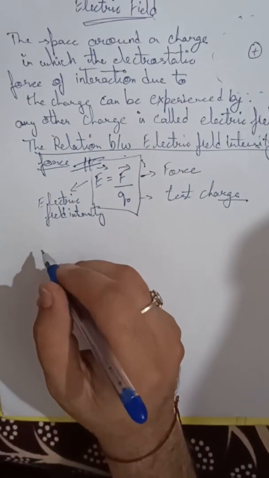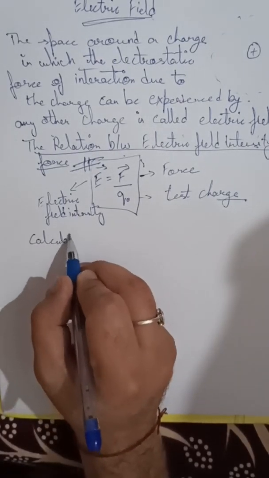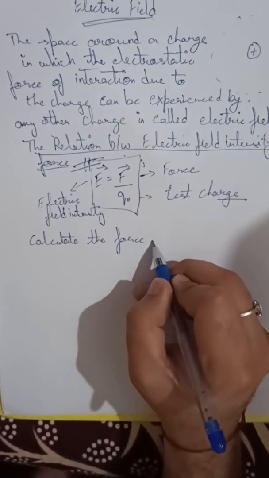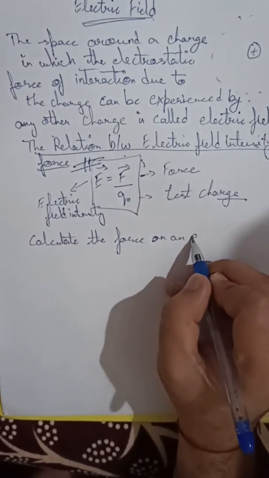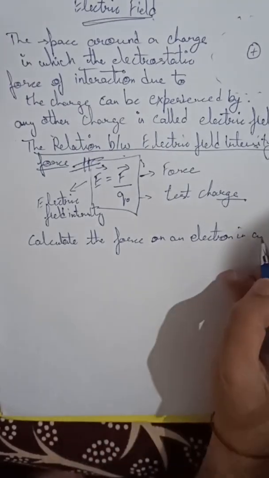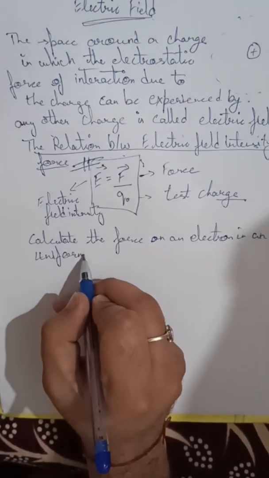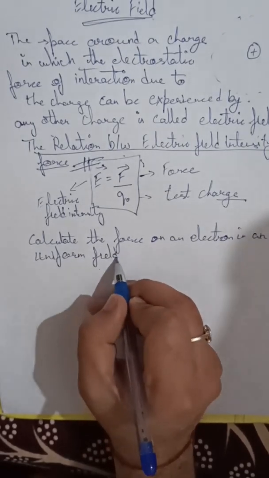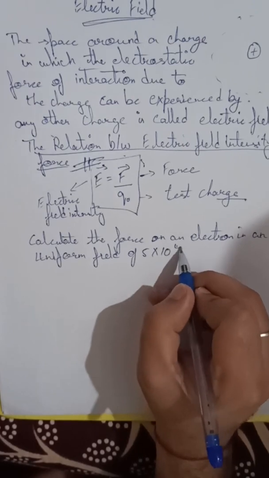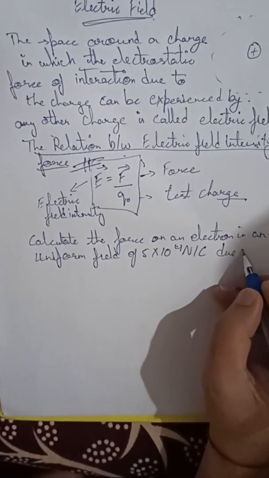So we can have a numerical on it. Say, calculate the force on an electron in a uniform field of 5 into 10 raised to power 4 Newton per Coulomb due north.